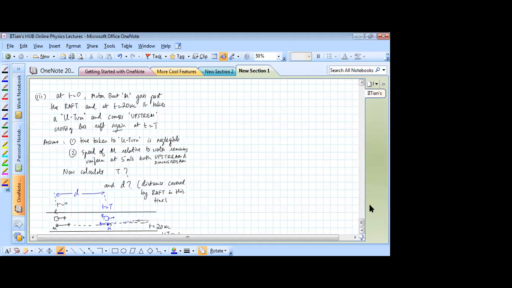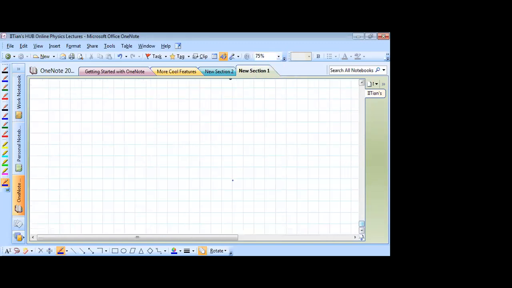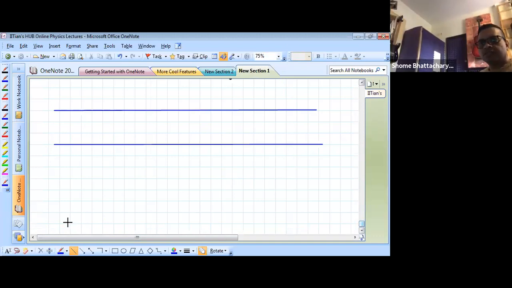Okay, so there are various different ways of doing this question. For example, suppose I want to understand the motion as seen by an observer on the ground. Yes, Prapti, correct.